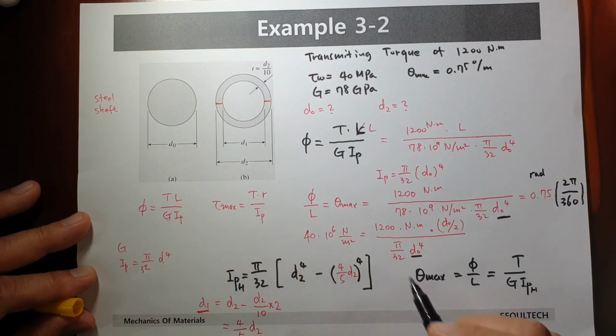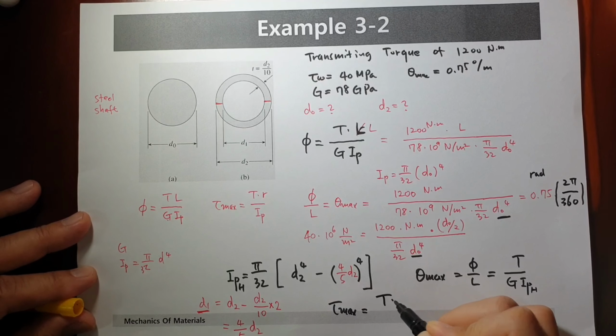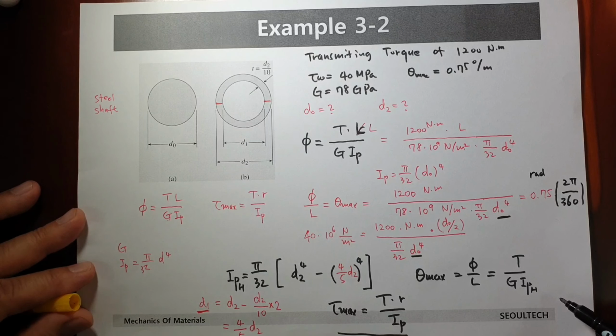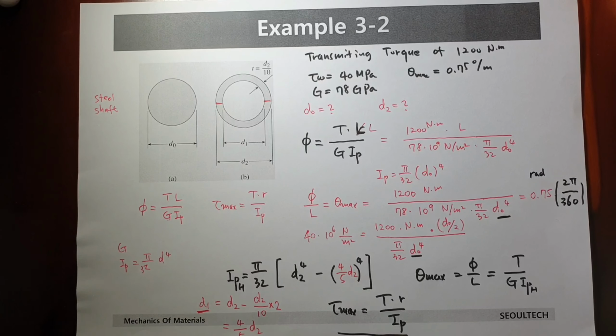Another one also, tau max equals TR over IP. When you apply this condition, then you can also find D2. When you compare both of them, obtained by different processes, finally you can decide the worst one, the larger one. You can take one. Okay, that's example 2.